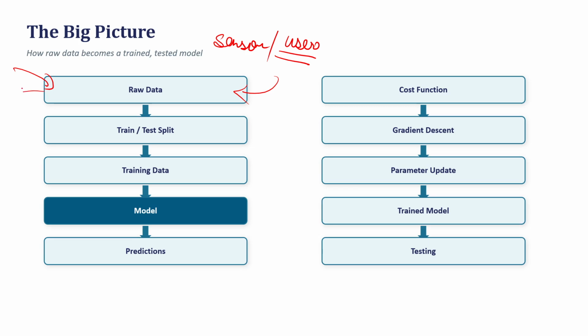You organize that data in a proper format so that you can train a model. Now you split that structured data into train and test. You use the training data to train the model and then you make predictions. Out of these predictions, you use a cost function to calculate the error.